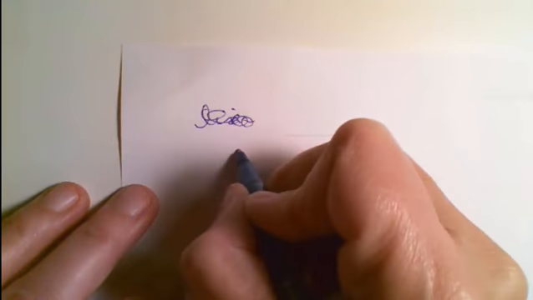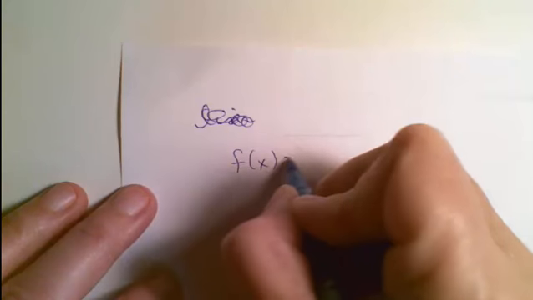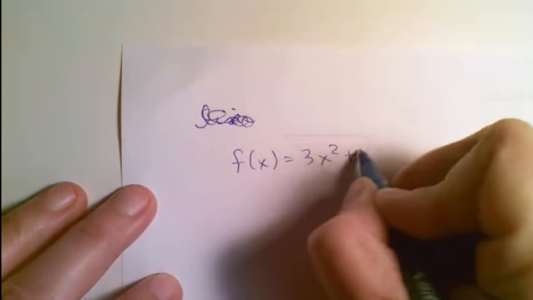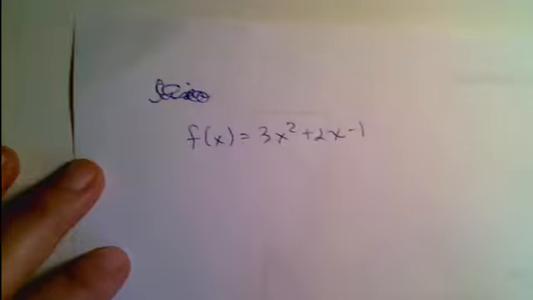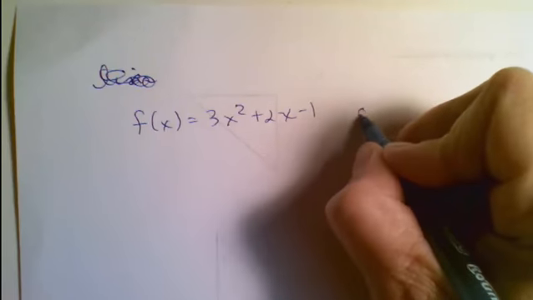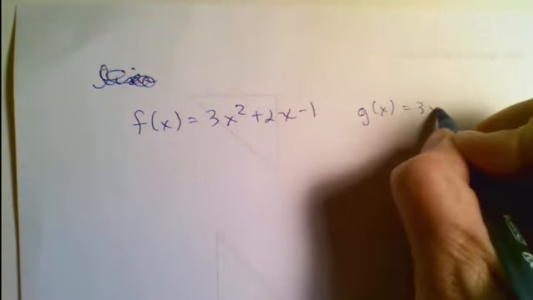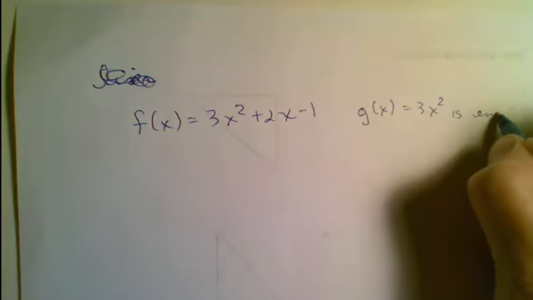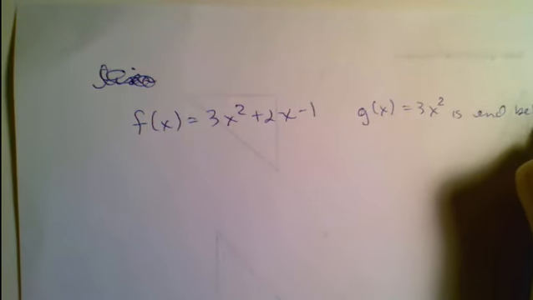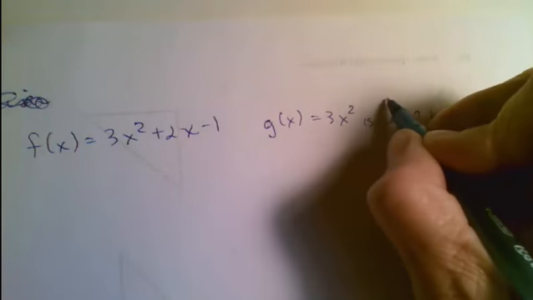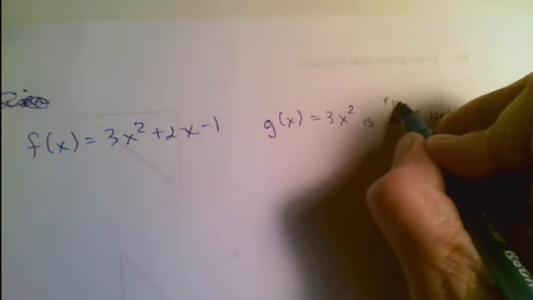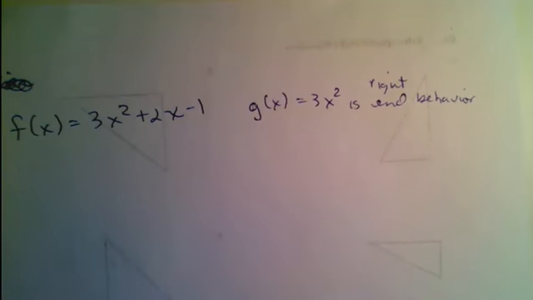Okay, and then the other piece of infinity is making sure you can prove end behavior models. So if you have, they want you to find, if f of x is 3x squared plus 2x minus 1, and they want you to prove that g of x equals 3x squared is an end behavior, and let's say a right end behavior model.